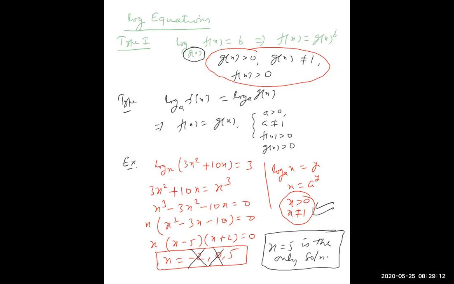Because at x equal to 0, base will become 0, whereas I know that base must be greater than 0 and base cannot be 1. Similarly, x cannot be minus 2 also. So this is very important in these questions.